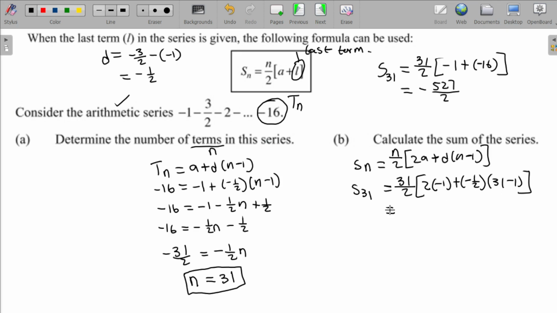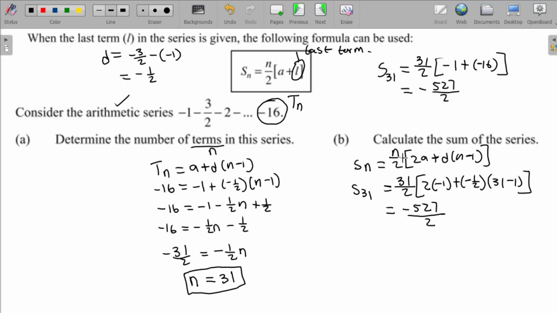It's going to be 31 over 2, and then 2 into minus 1 plus negative 1 over 2 times 31 minus 1. And then when I punch my calculator, I get exactly the same answer.